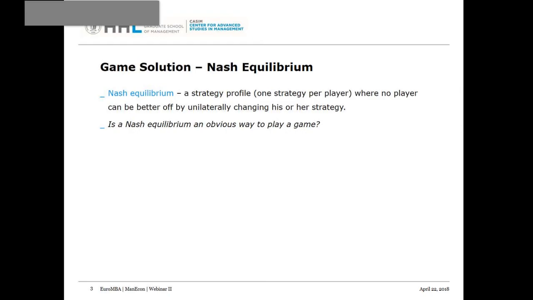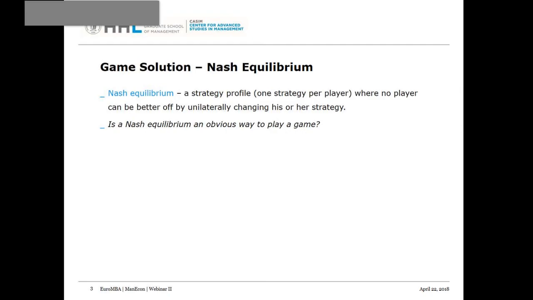When you look precisely, there are 2 Nash equilibria in pure strategies. This is action 2 of player 1 and action 1 of player 2. So this is Nash equilibrium 1. And the other is action 1 by player 1 and action 2 by player 2. We have 2 Nash equilibria. So if a Nash equilibrium is an obvious way to play the game, it's not that obvious, because we have 2 possibilities.